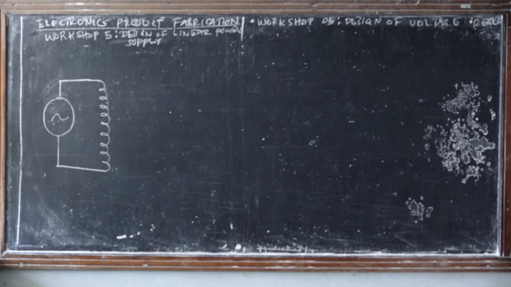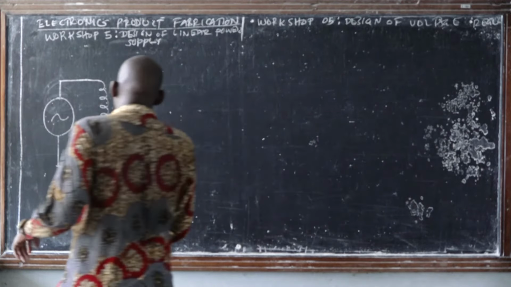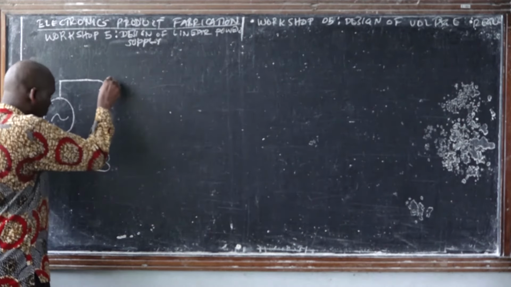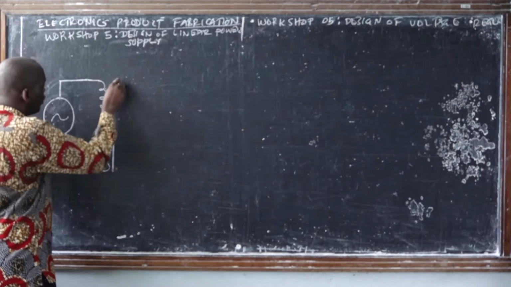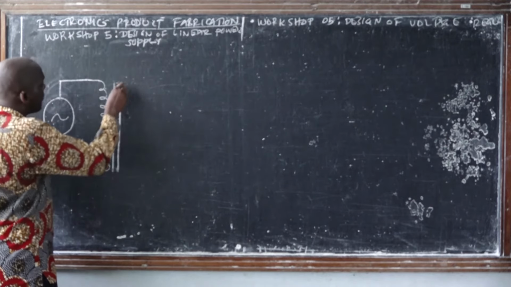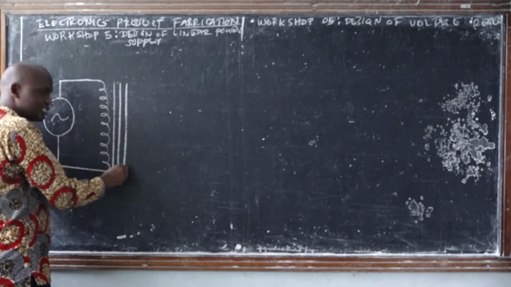Please check what your neighbor is doing. Then you might draw 2 bars of iron, or sometimes you might find even 3 lines.